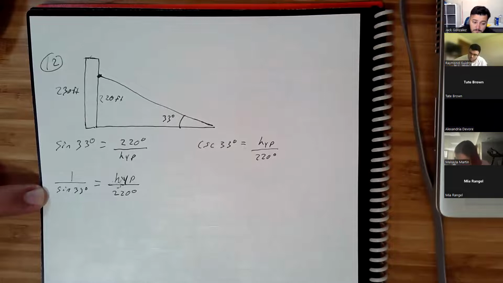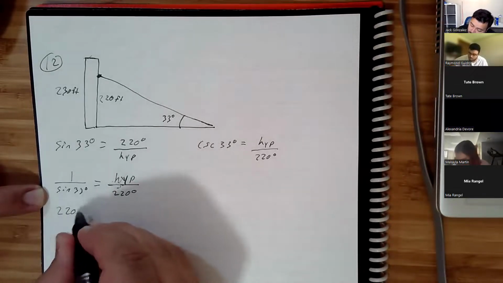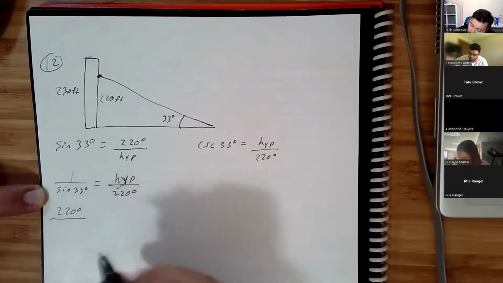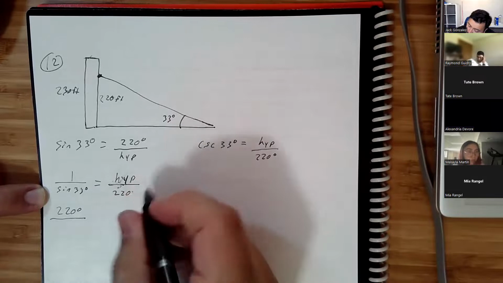Okay. Multiply both sides by 220. Actually, that's not degrees, it's just 220 feet. My mistake.